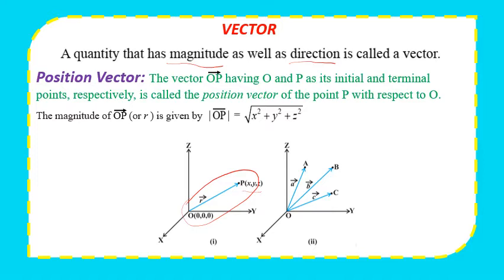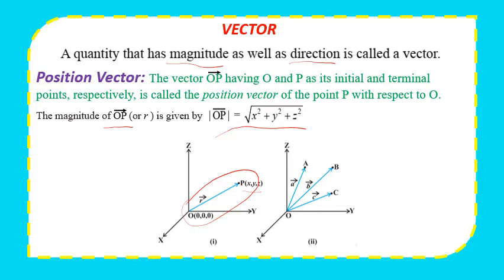We can simply find the distance of OP, which is equal to under root x square plus y square plus z square, using the distance formula, and the direction is from O to P. Then this vector R is called the position vector of point P with respect to O. Whenever we say the term position vector, we simply mean the position with respect to the origin.